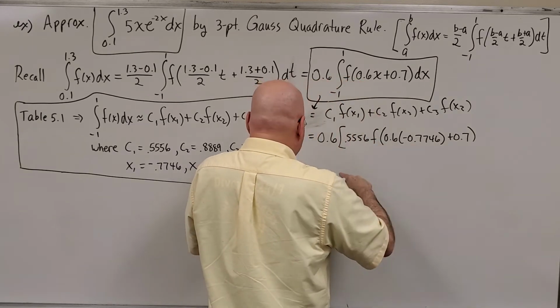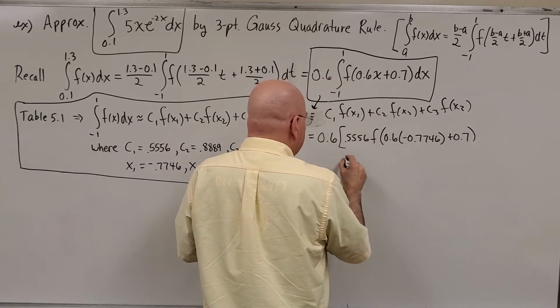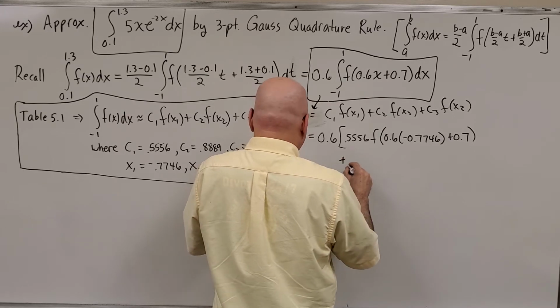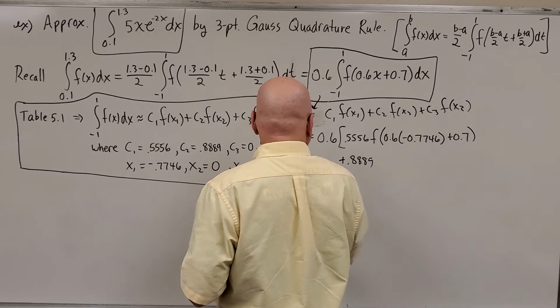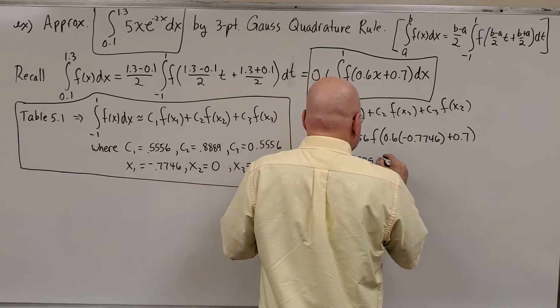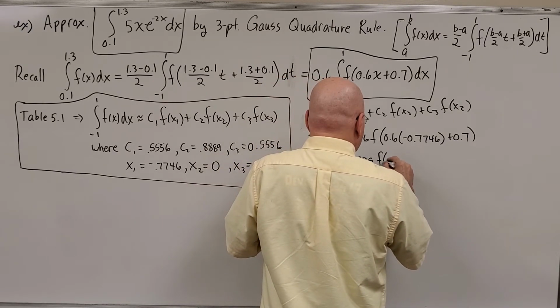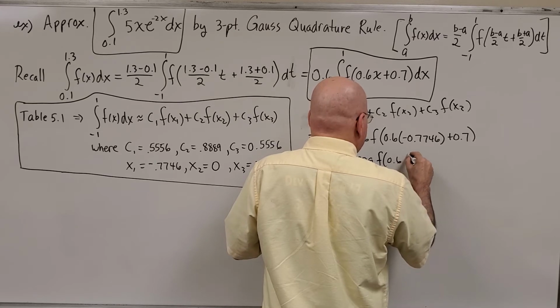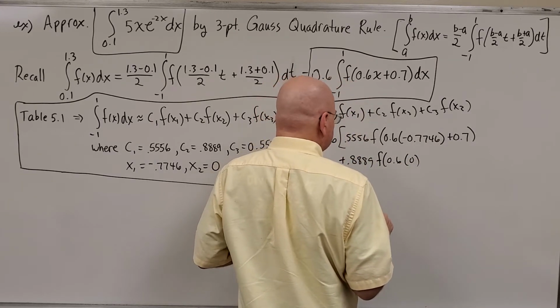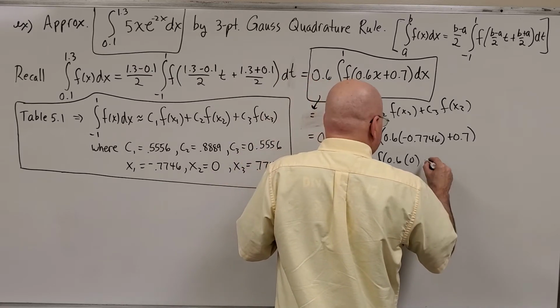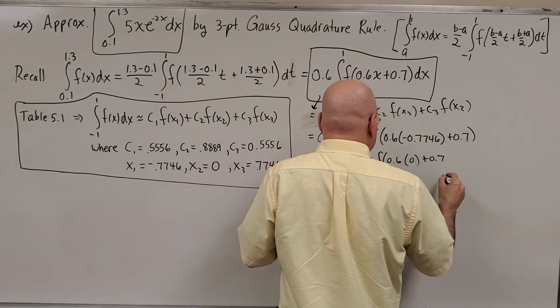Plus, we're still in the brackets, 0.8889, that's C2, times f of 0.6 times 0, because that's our x2, plus 0.7.